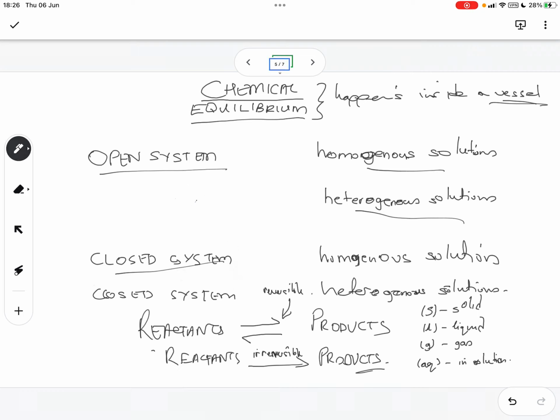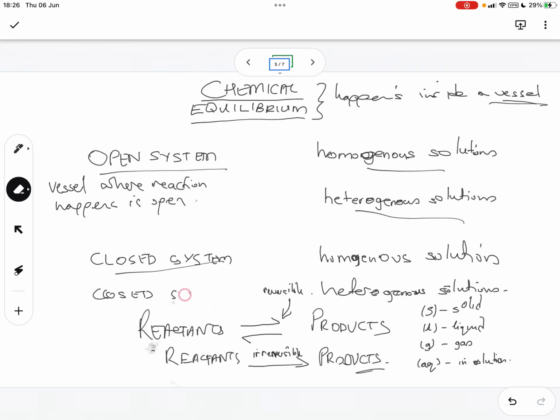Open and closed systems refer to the vessel in which the reaction takes place. In an open system, the vessel where the reaction happens is open.